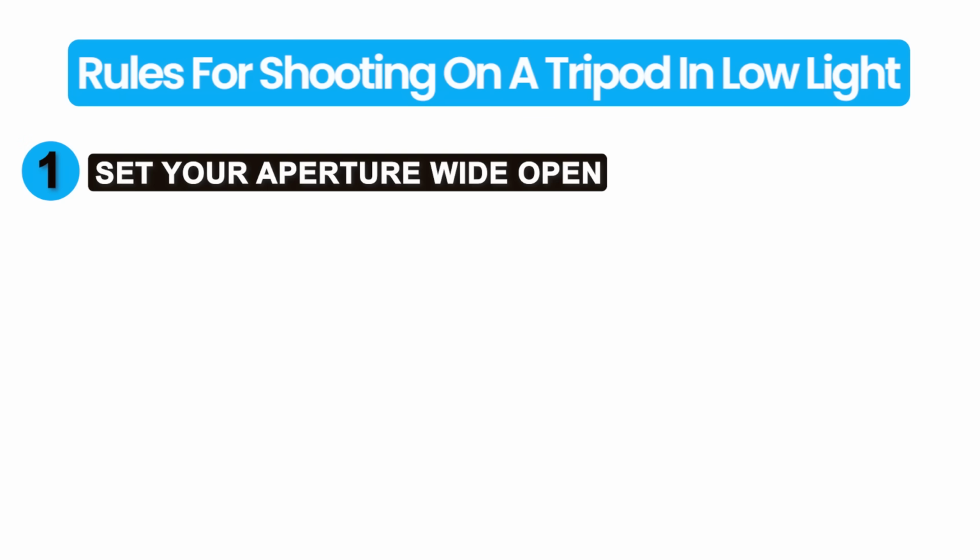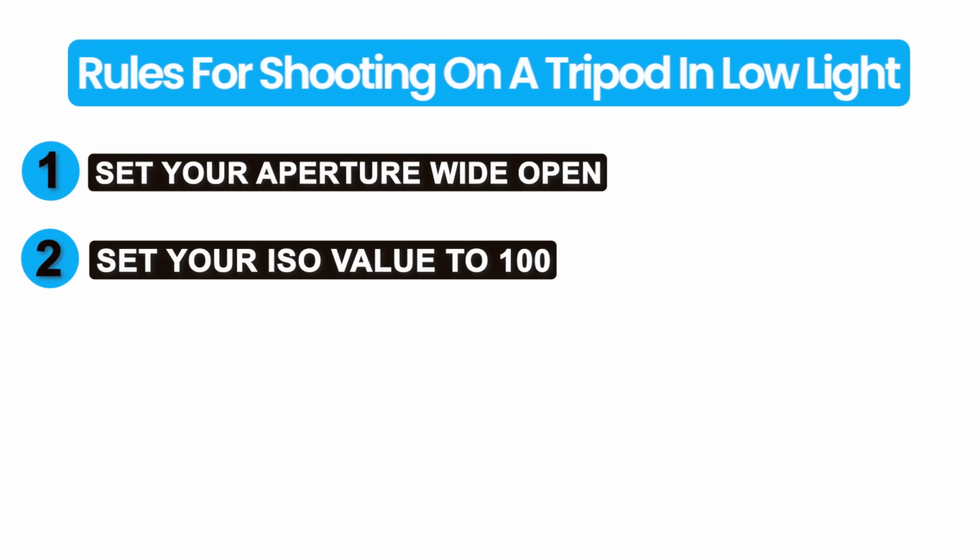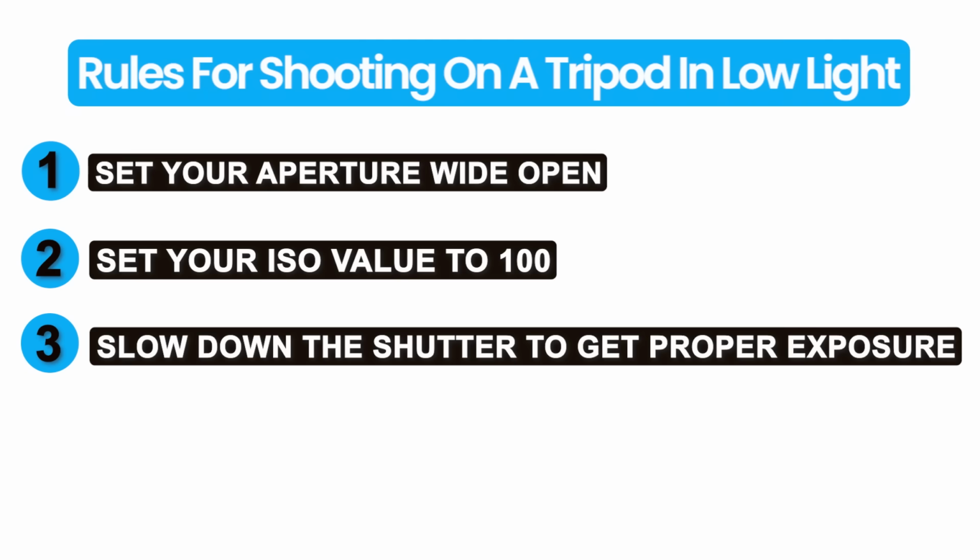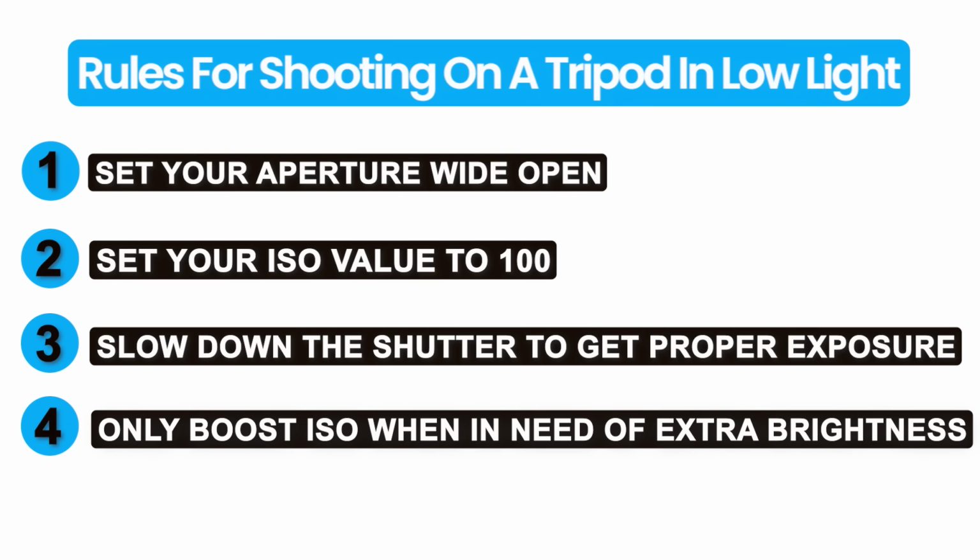If you're shooting on a tripod, use a nice wide aperture again, ISO at 100, and then slow down your shutter until the exposure looks right. If you need a little bit extra brightness, you can then boost your ISO as needed. Simple as that. Just remember that anything that moves with that slow shutter speed will appear blurred, so keep that in mind if you want to avoid those effects.